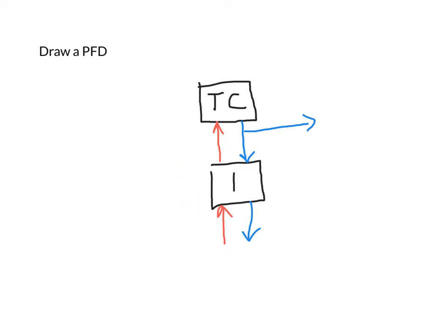Let's first start by labeling the streams associated with the total condenser. I'll use green for variables that we have specified, and so we know that the distillate flow rate was 40 moles per second. So I can write that down as green, known.